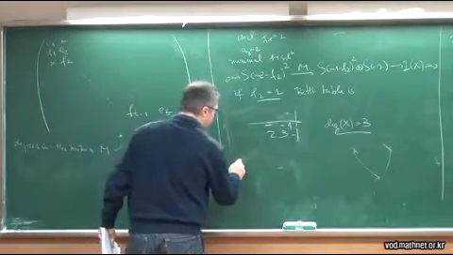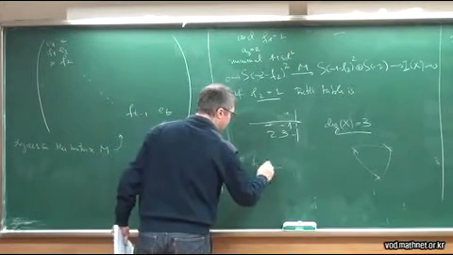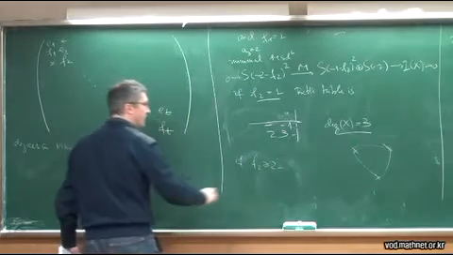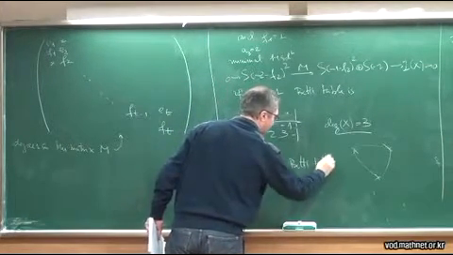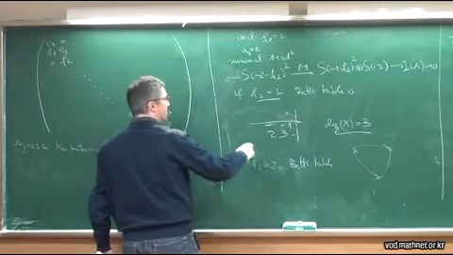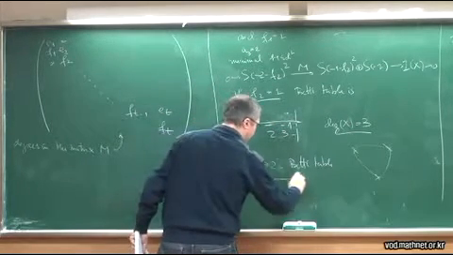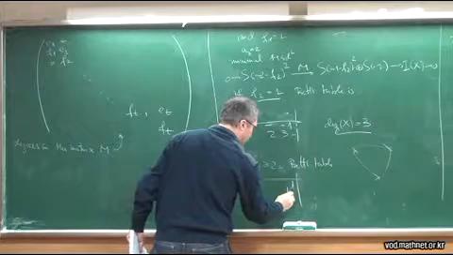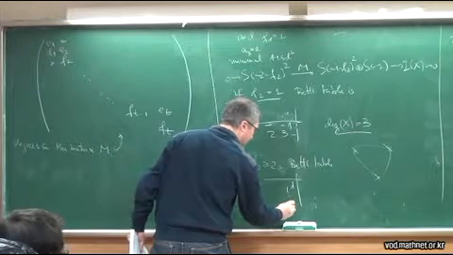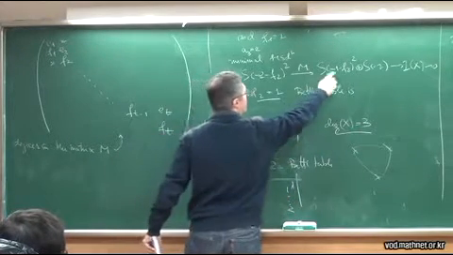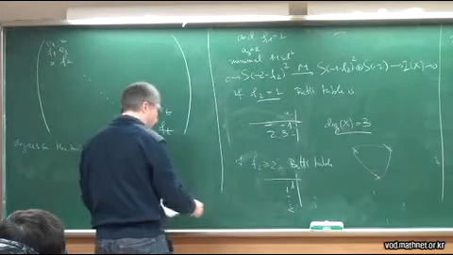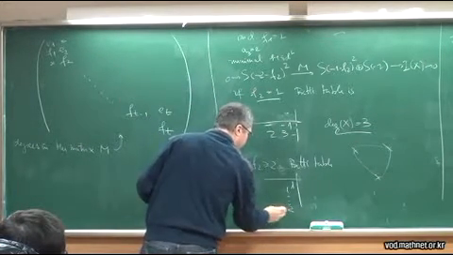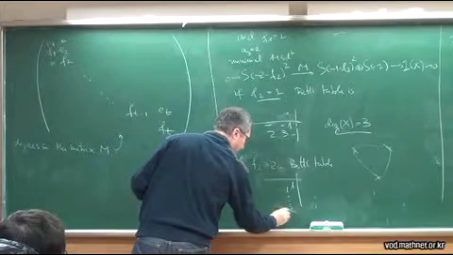And the second case is that f2 is at least 2. Then the Betti table will have 1, 1. Here we will have 2 copies of this guy, -1, -f2. And we will get 2 relations.